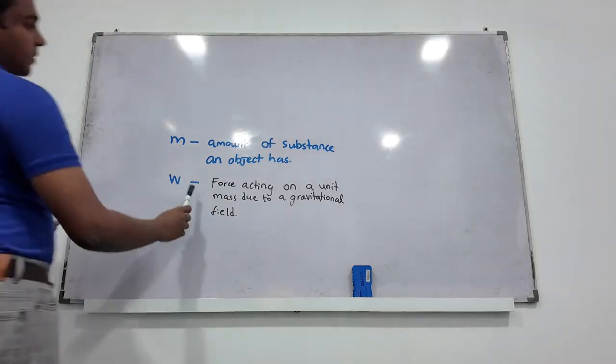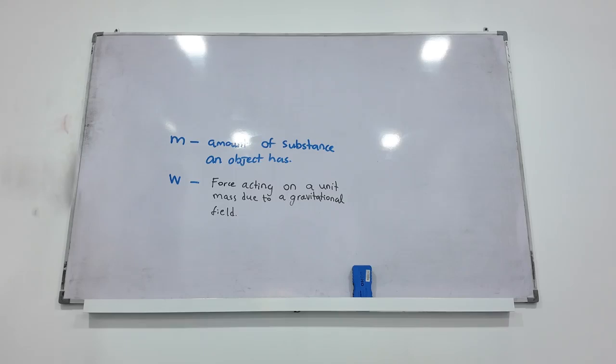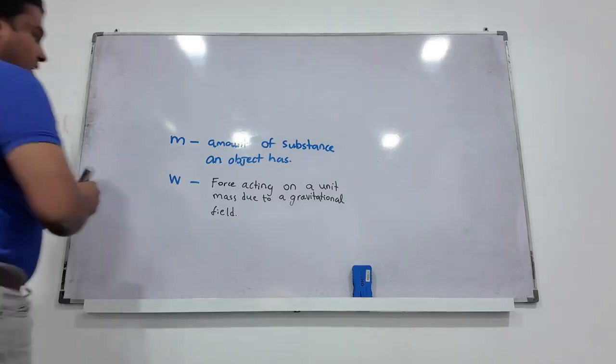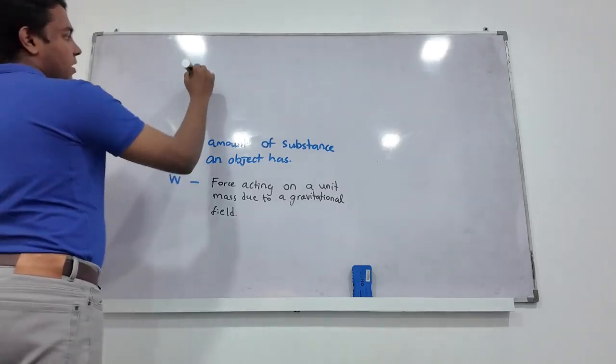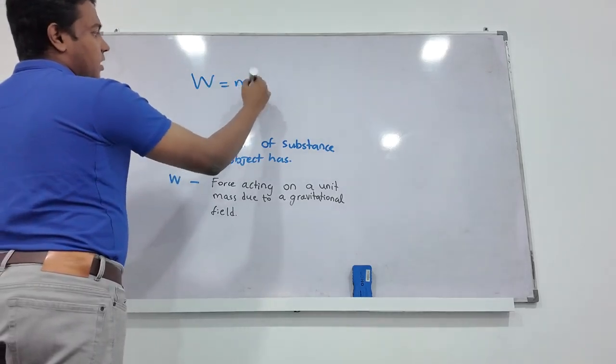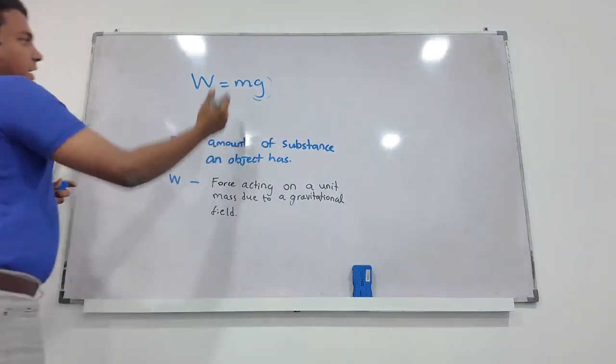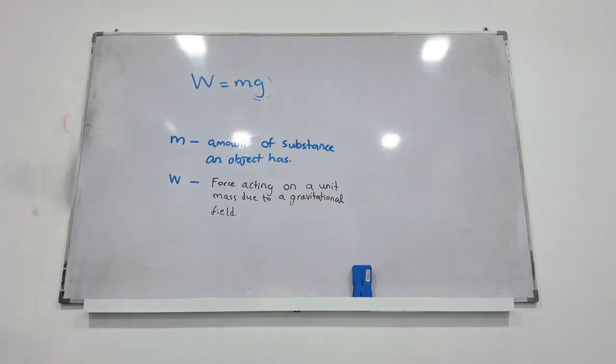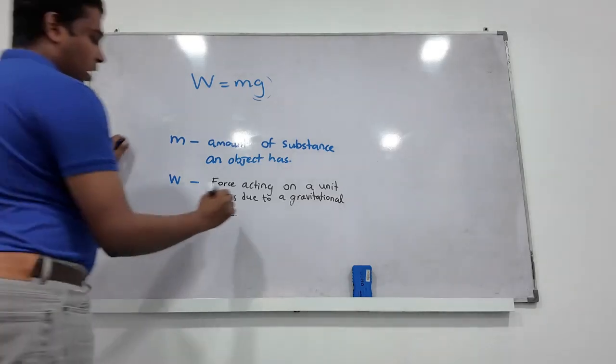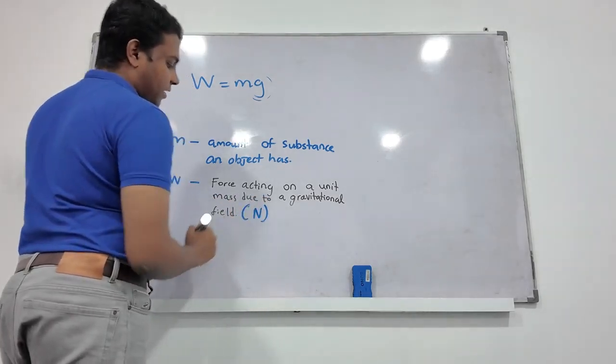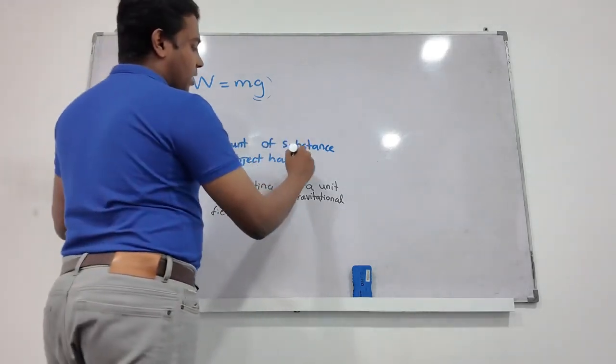That is what weight means. That is why we are using the equation W equals mg. This is the gravitational field, m is the mass, W is the weight. W is measured in newtons. Mass is measured in kilograms.